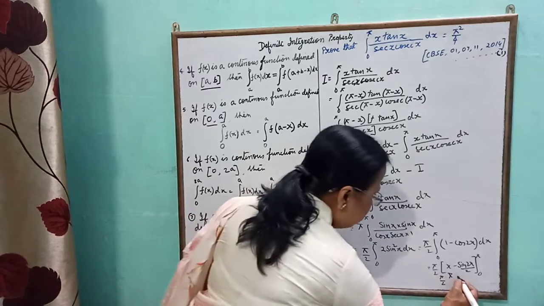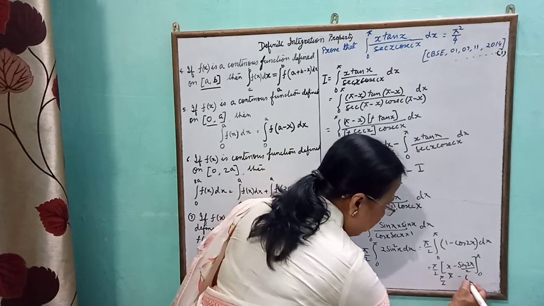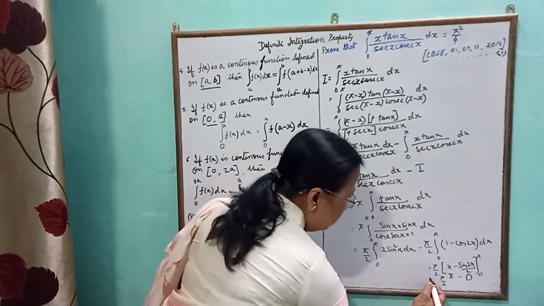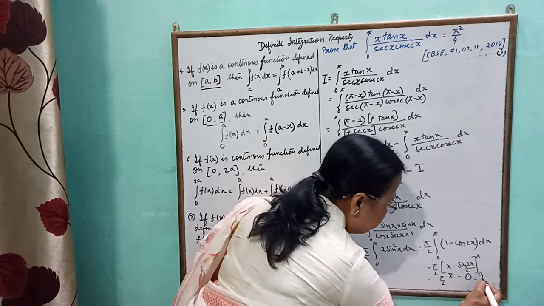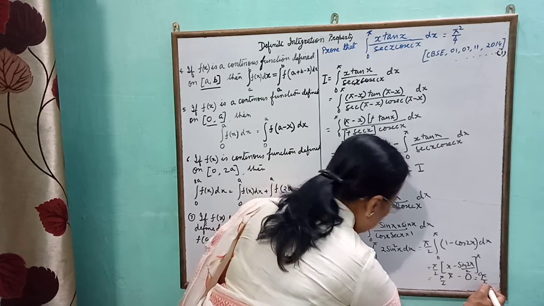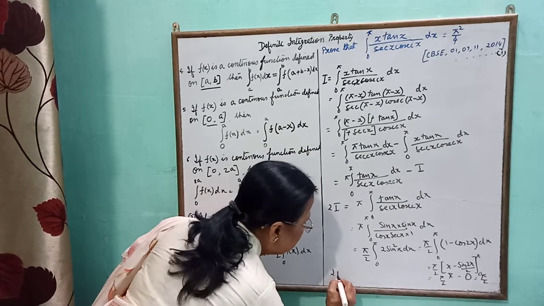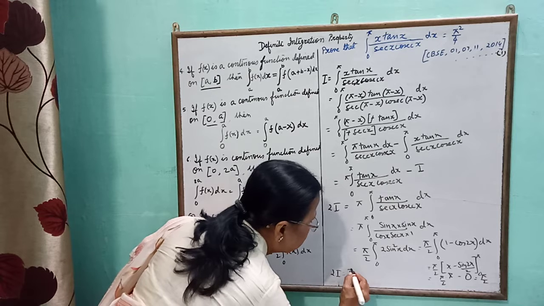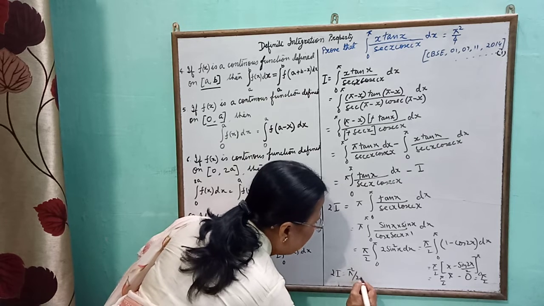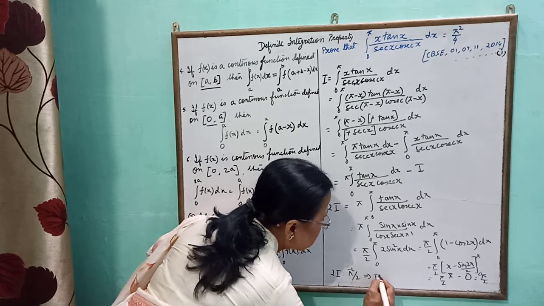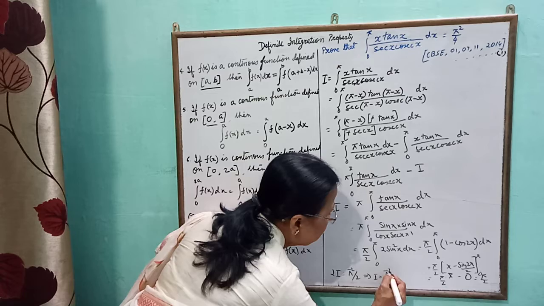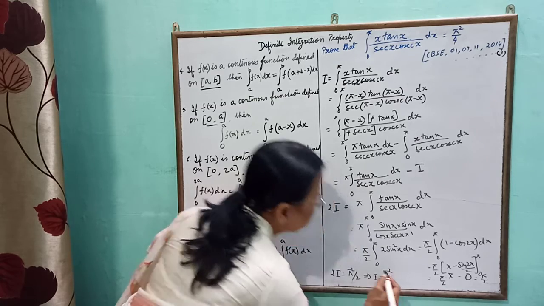So this is pi square by 2. So 2I is equal to pi square by 2. So it implies that I is equal to pi square by 4. That you have to prove.